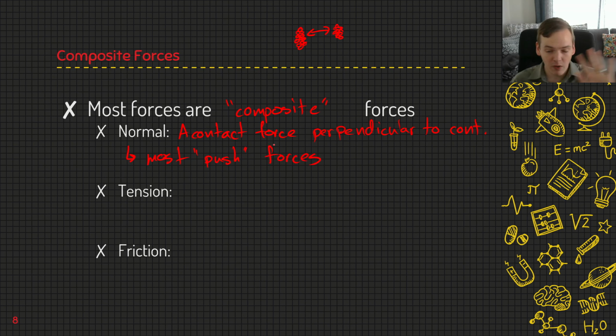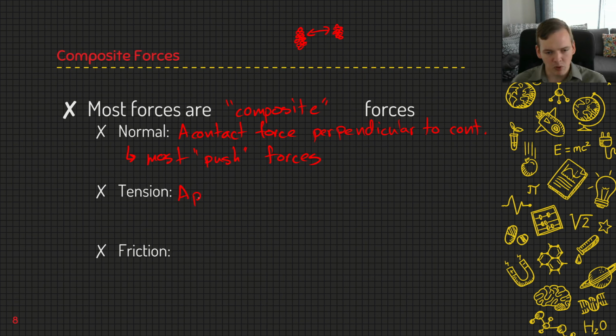So if I push on the wall, that's a normal force. If I'm standing on the ground and the ground is pushing me up to counteract the gravitational force, that's a normal force. Basically, anytime something gets pushed, it's probably a normal force unless it's the electromagnetic force.